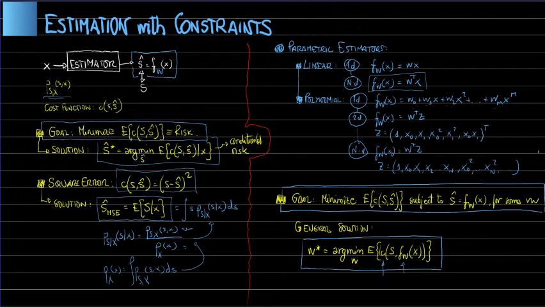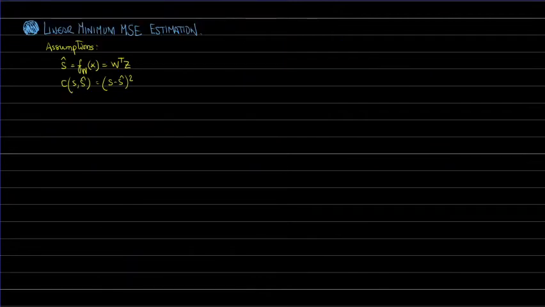Okay? Z can be a vector containing polynomial terms or any nonlinear transformation. So using Z instead of X, we can find a more general solution. We still call it linear estimation because the important matter here is that this function is linear in W. Okay?